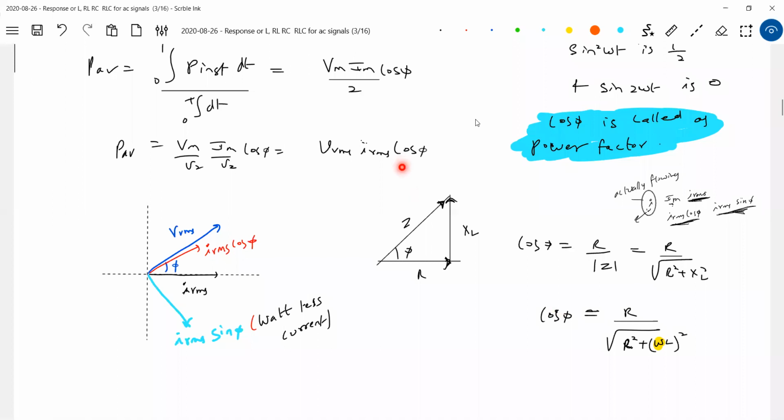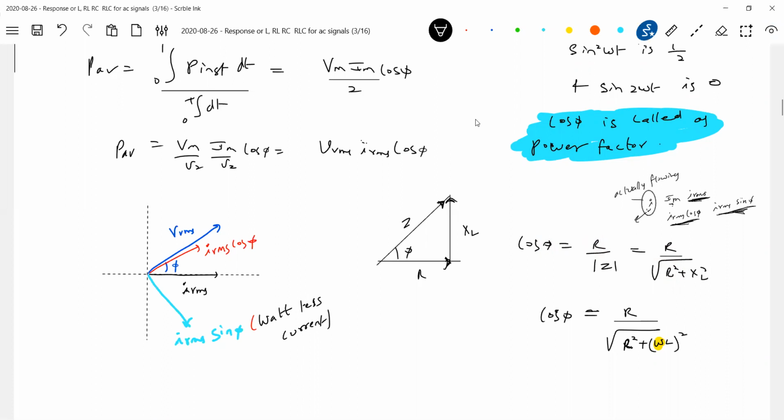Now let's go back. What is the power factor for a resistor circuit? What is the angle between voltage and current? It will be 0. Cos phi will be 1. For a pure resistive circuit, what is the power factor? 1. Then for a pure reactive circuit, R will be 0, no? Then what will be the phase angle?